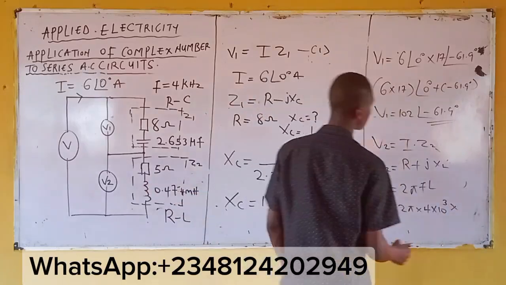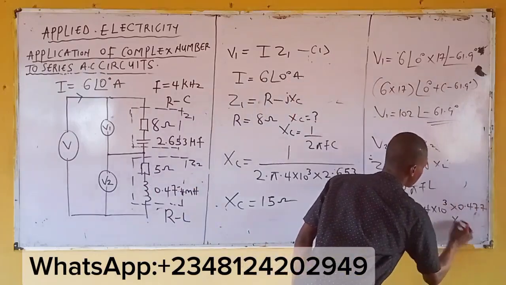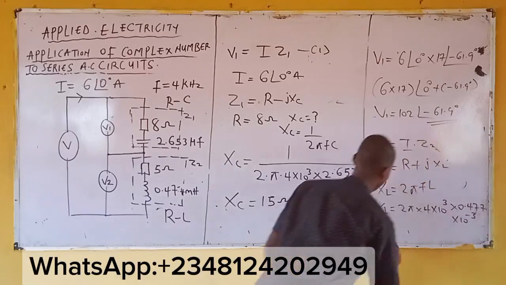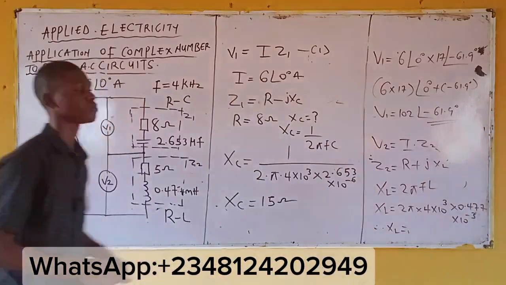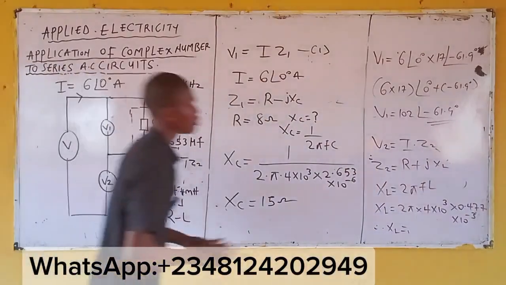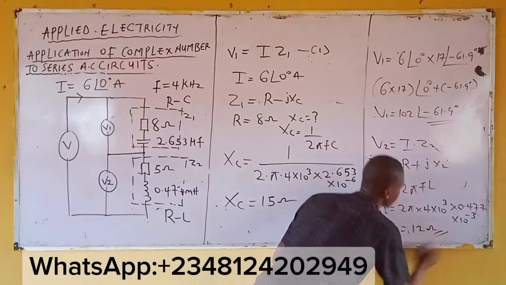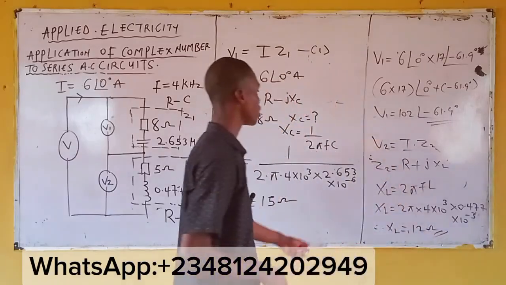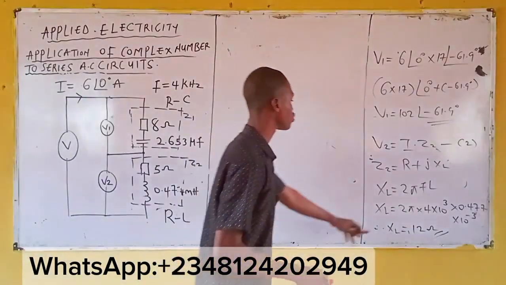Given, 0.477 times 10 raised to power negative 3. Therefore, XL. Substitute this in your calculator. What's the XL? No approximation. 12 ohms. We've gotten XL to be 12 ohms.